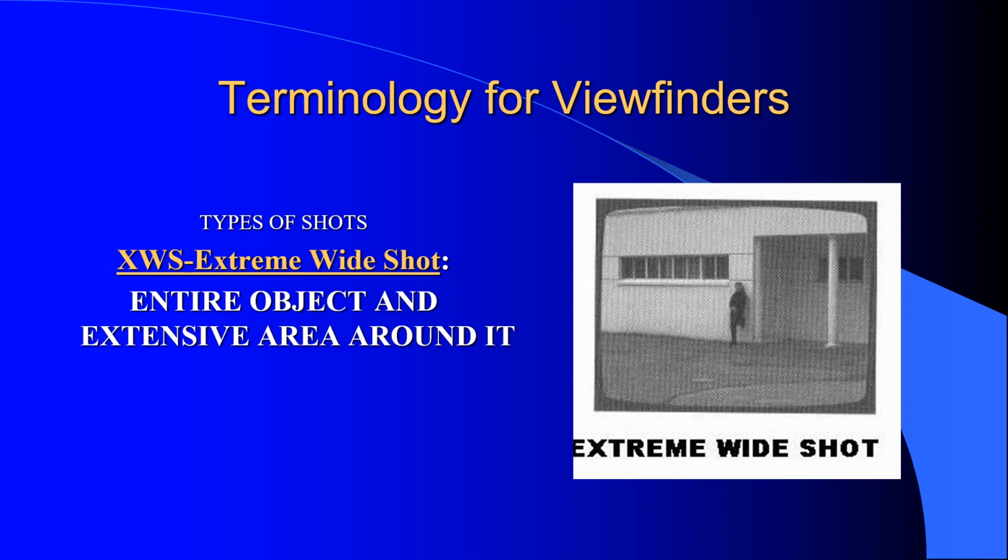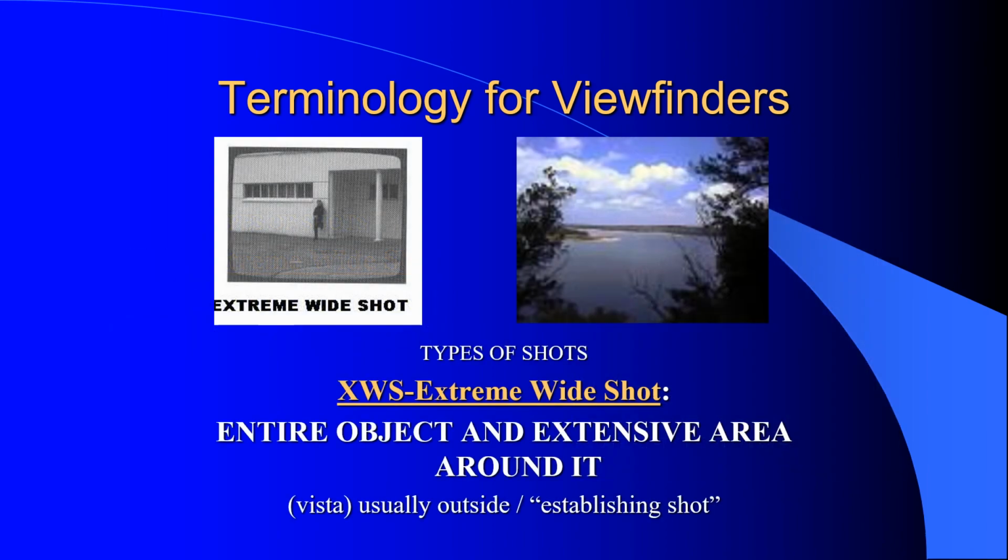Extreme wide shots include the object or the subject and an extensive area around it. In filmmaking, these are often called establishing shots because they are very wide. Sometimes they're called vista shots.